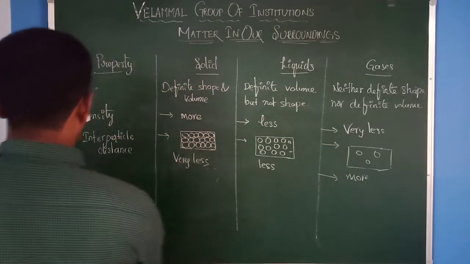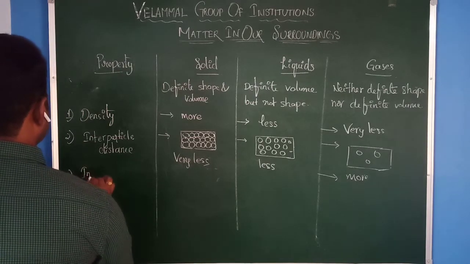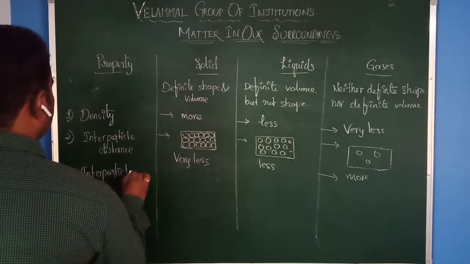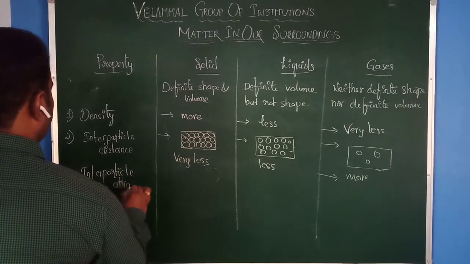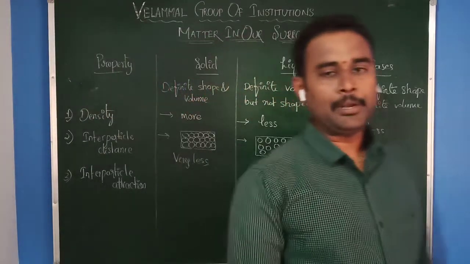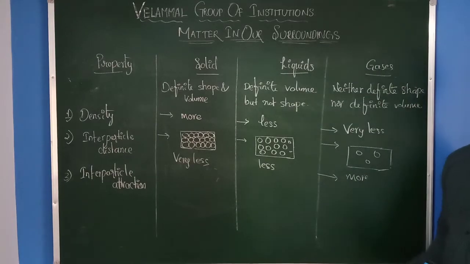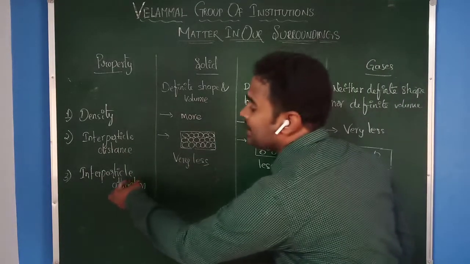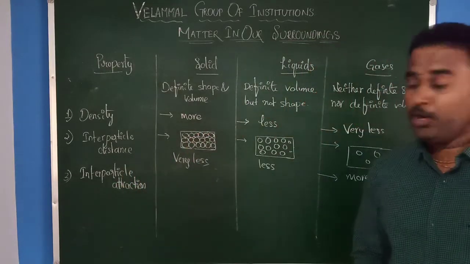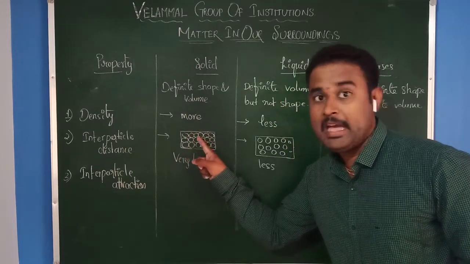And the next one is interparticle attractions. When you observe this property, the interparticle attraction forces between the particles are more in the solid state, because the particles are very close.